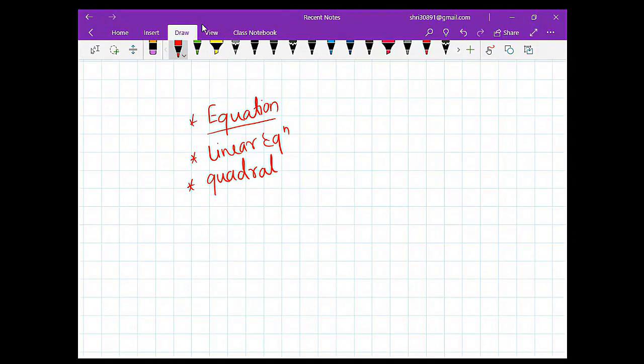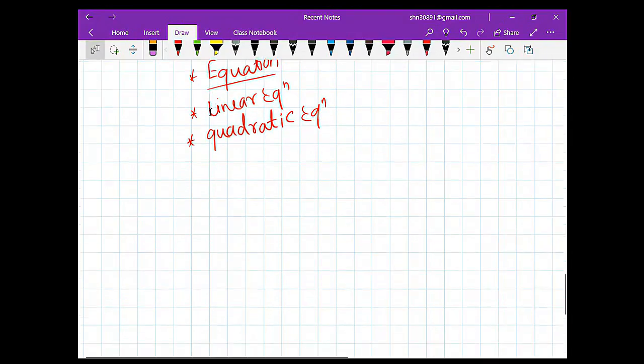You have one chapter on quadratic equations, so we have to clear the concept here only. You should learn it correctly here, then only will you understand the second chapter, that is quadratic equation.